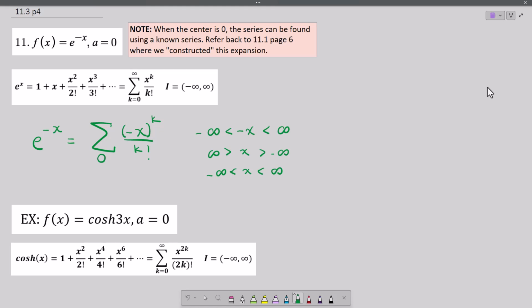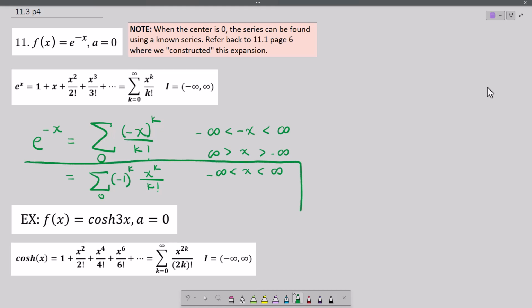Now, simplifying this series, because we see this switch inside, we will peel that switch out to the front, -1 to the k, and write this -1 to the k, x to the k over k factorial. So there is the power series for e to the negative x.